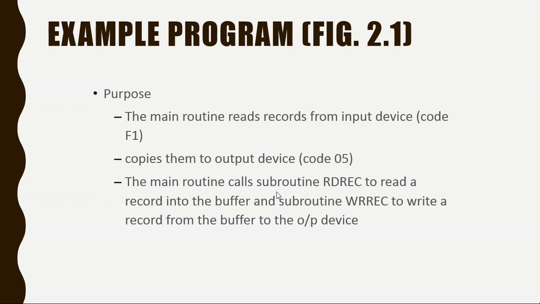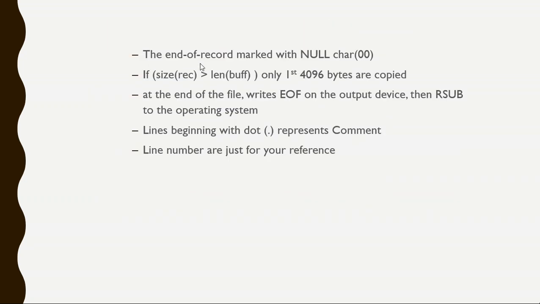The main routine calls the subroutines RDREC, to read the record, and WRREC, to write the record. The end of the record is marked with the null character if the size of the record is greater than the length of the buffer. Here the buffer size is 4096 bytes, so the maximum length of the buffer is 4096 bytes.